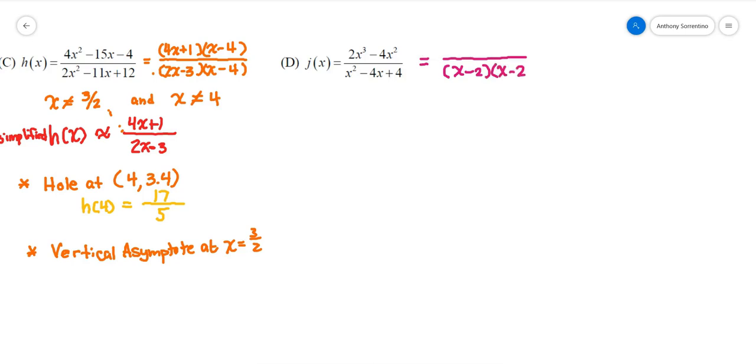I can write that as x minus 2 squared, but for the time being, I'm just going to write it like this. The top factors into 2x squared times x minus 2. So there is my factored form, more or less, of j of x. And I can see here I really only have one domain restriction.